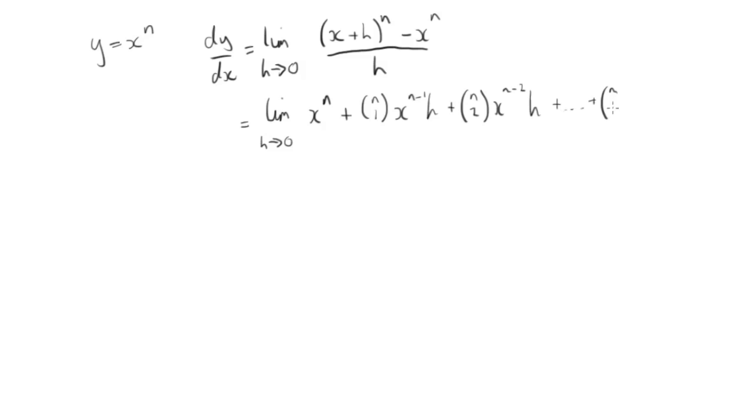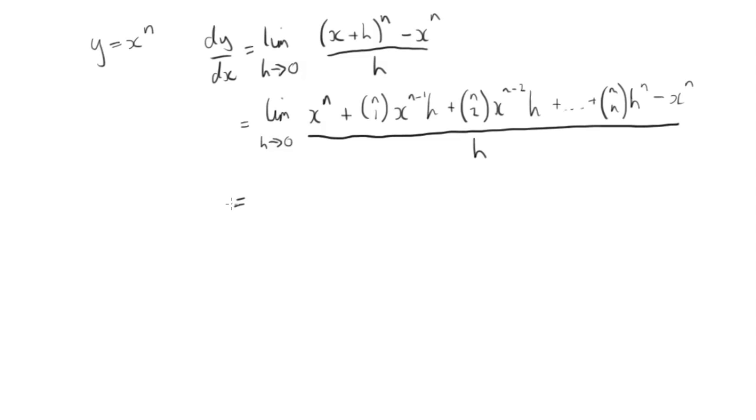You're going to end up with n choose n, h to the power n, and finally the minus x to the power n at the end. Okay, so all of these terms here is the binomial theorem expansion of that bracket there. Okay, and not forgetting this is all divided by h.